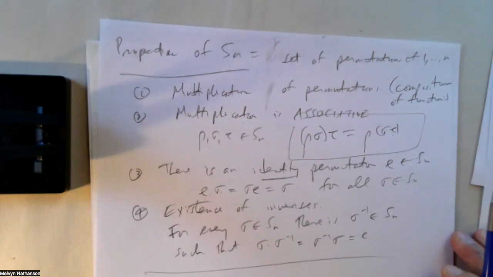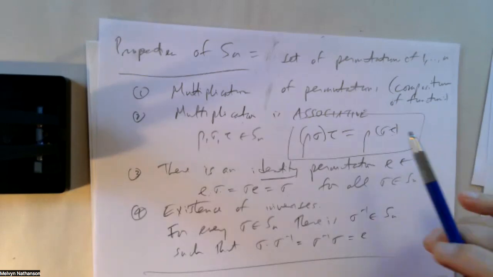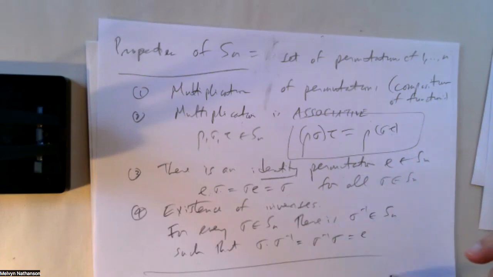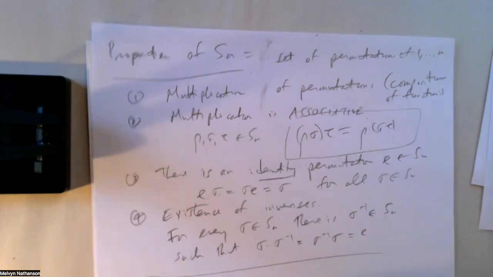Now, in general, we will see over and over again many examples in this course of sets that have some multiplication, or it might be addition, but some binary operation. There's some multiplication that's associative, has an identity, and every element has an inverse. And a set with such a property is called a group.